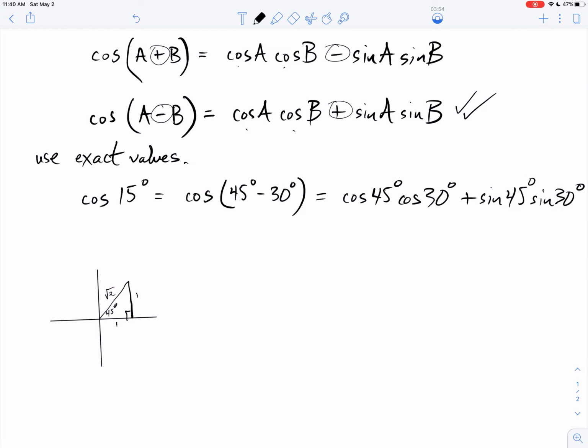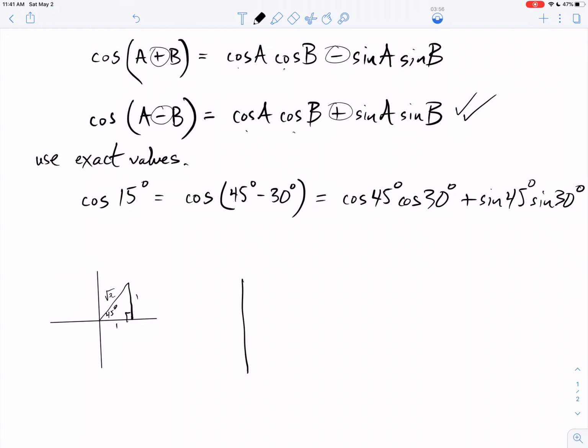And I could also draw a 30-degree reference triangle. That's a 30-degree angle. Opposite the 30, I put a 1. Opposite the 60, I put a rad 3. And I make my hypotenuse a 2.